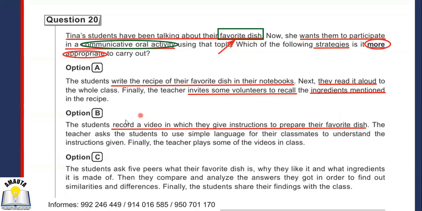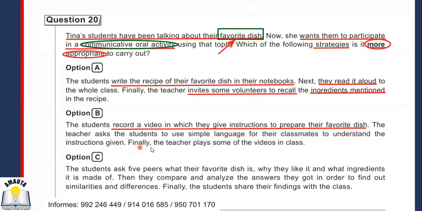Remember that. Do we have real interaction here? Because to be communicative, interaction should exist. So attention to that. They record a video and then the teacher asks the students to use simple language for their classmates to understand the instructions given. Well, it's completely valid.